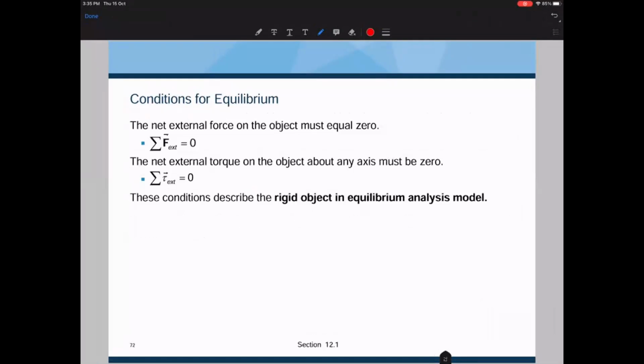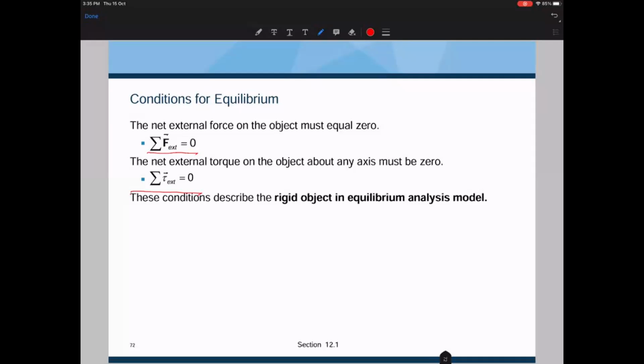Neither is it moving in the linear way or moving in a rotational way. So what we need is, according to Newton's first law, in the linear form, there is no net force in any direction, and there is no net torque about any axis.